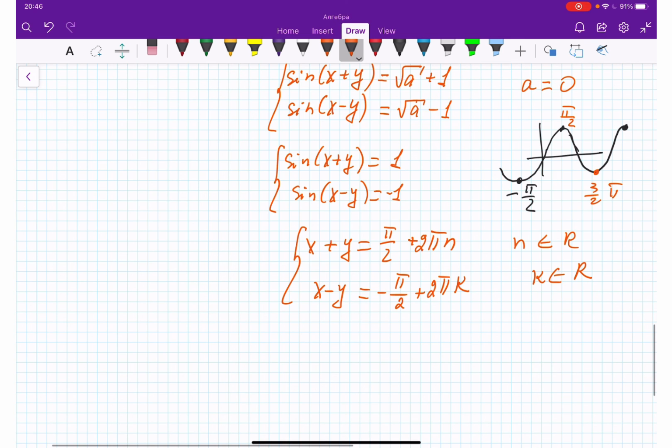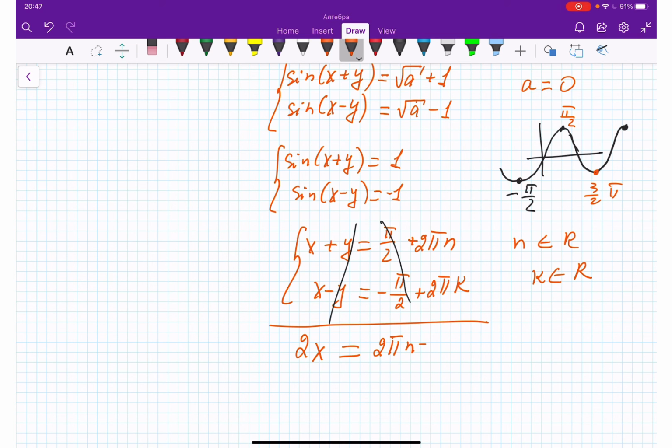Okay, so what do we have here? Solving this equation, we are getting 2x is equal, this is also canceling, right? And we are getting 2 pi n plus 2 pi k.